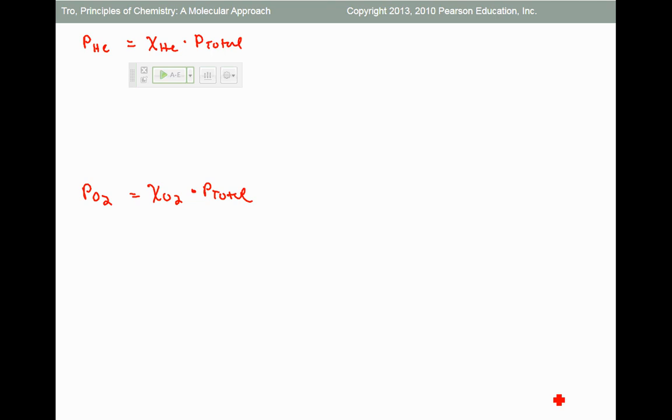So now we can figure out those partial pressures. And remember, there's no units on this mole fraction because it's a fraction. So multiply that by our total pressure that we just calculated.